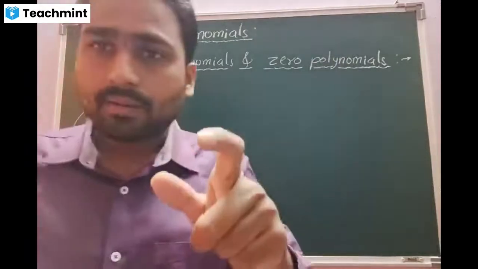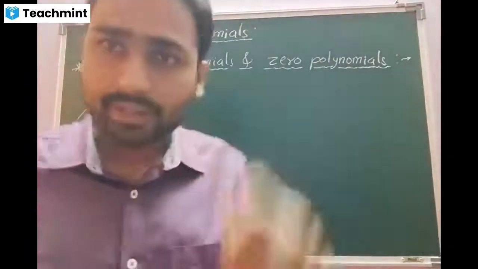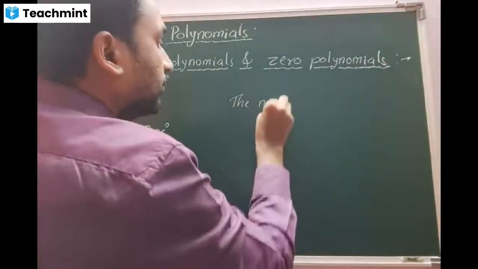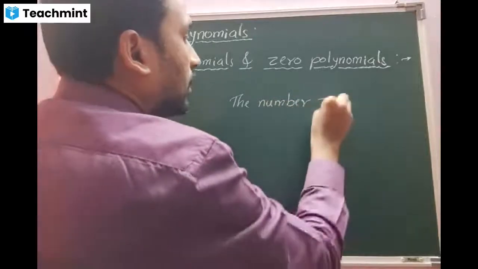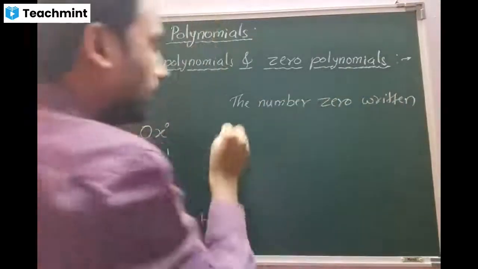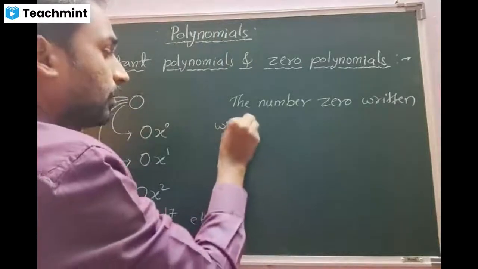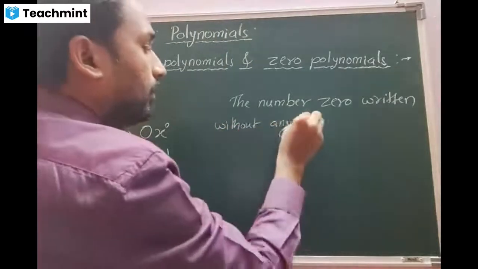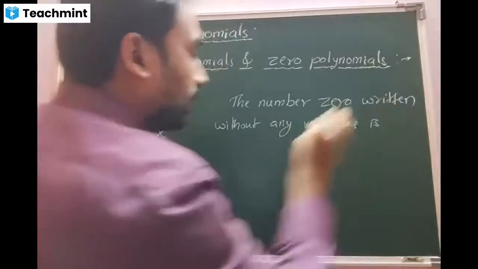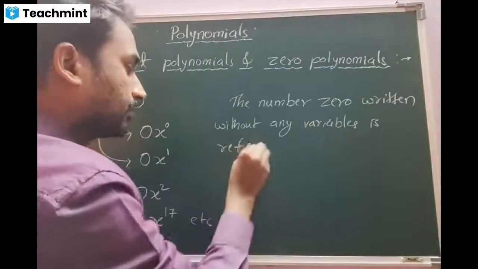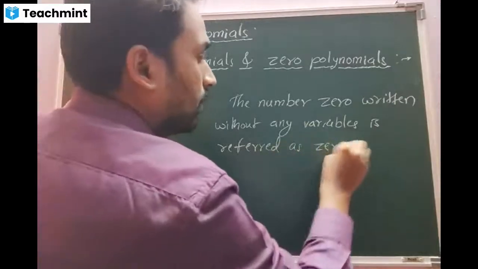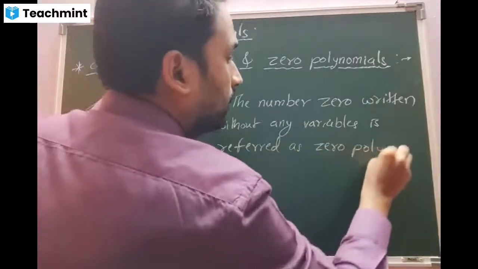Beta, make a paragraph and write down: the number 0 written without any variables is referred to as zero polynomial.